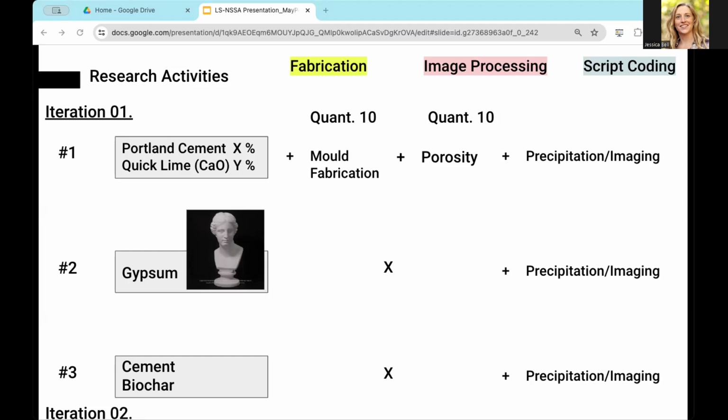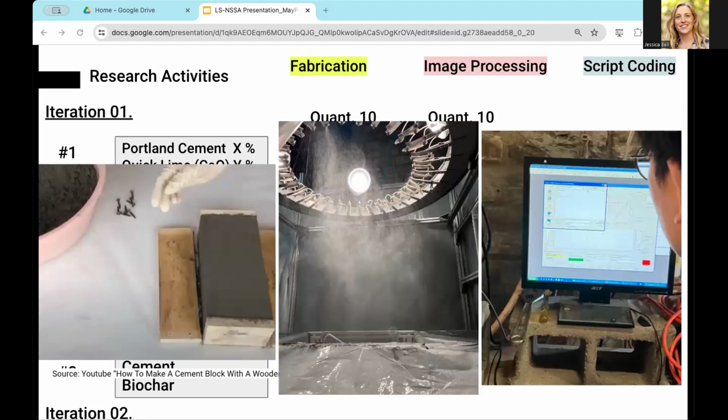The skills that you will learn from this project are fabrication skills, which the architecture field requires and does a lot of, and we'll be working on the College of Design side for this.